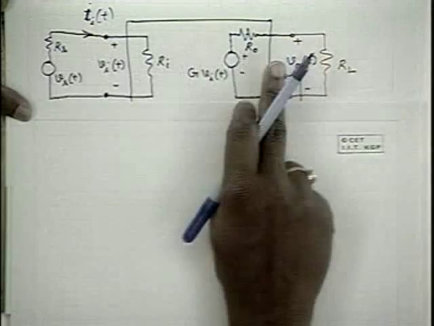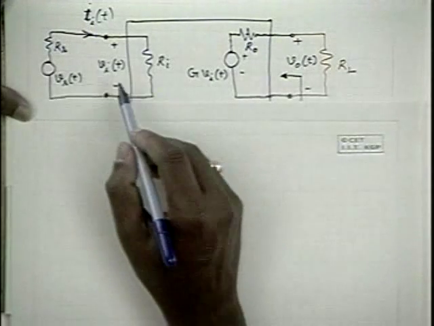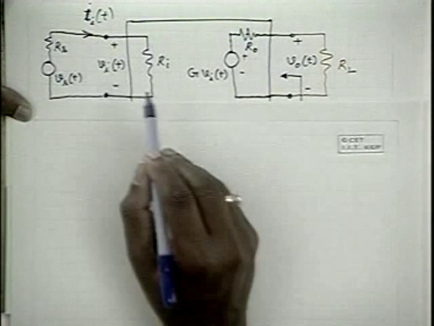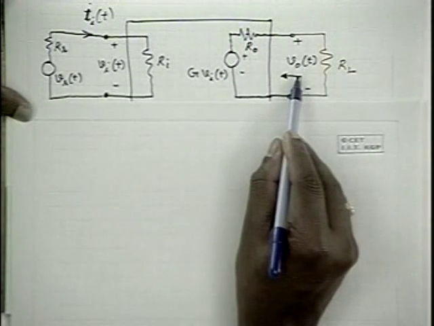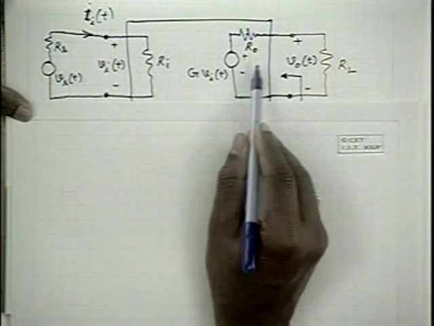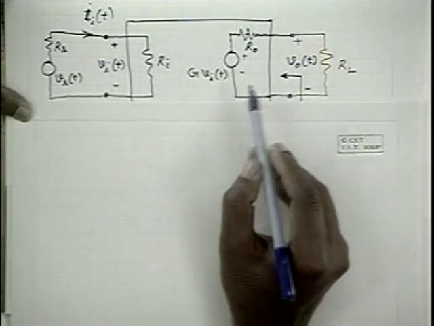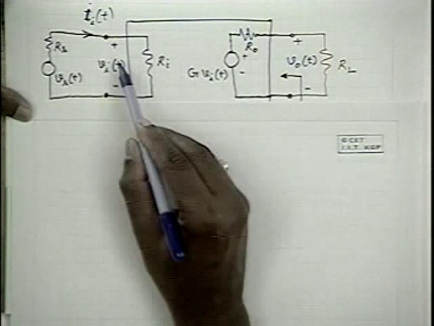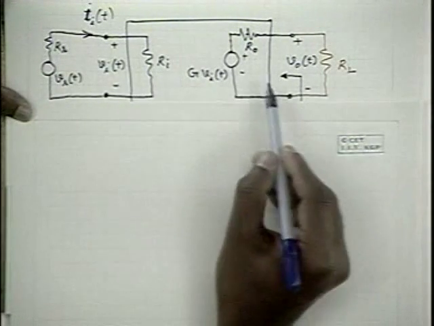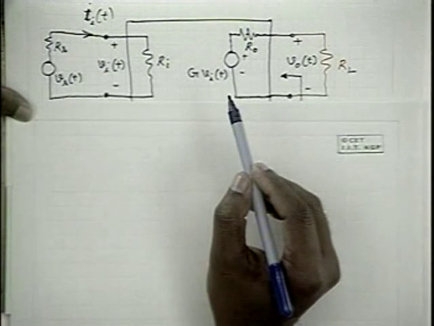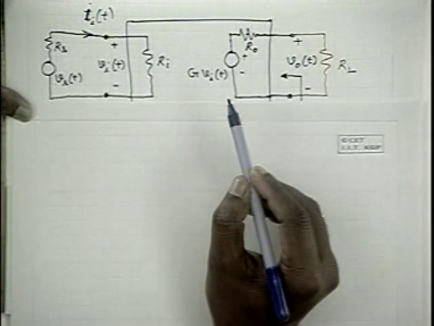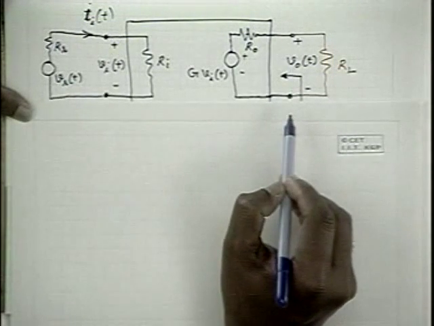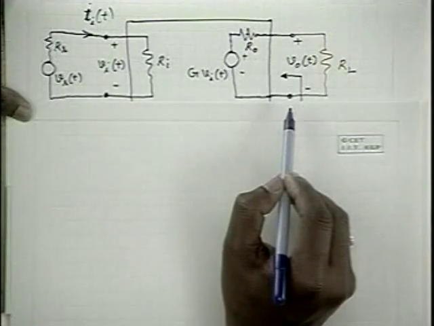Now, under open circuit conditions, if VIT is the input voltage when the output is open circuited, what is the voltage gain we will get? When the output is open circuited, the output voltage V0 is equal to GVIT. Input voltage is VIT. Therefore, the amplifier acts like an amplifier with gain equal to G, when you consider the input voltage and output of the amplifier under open circuit.